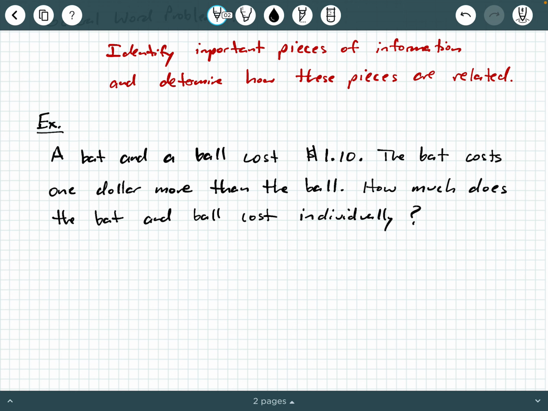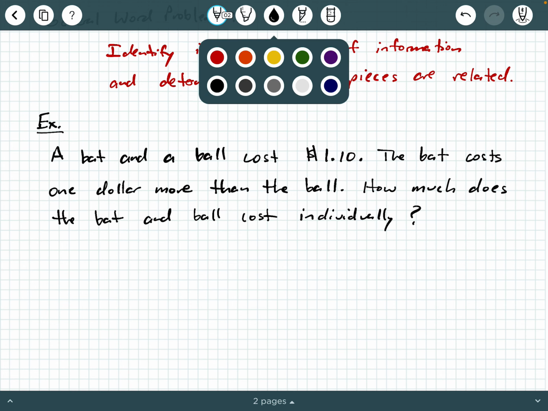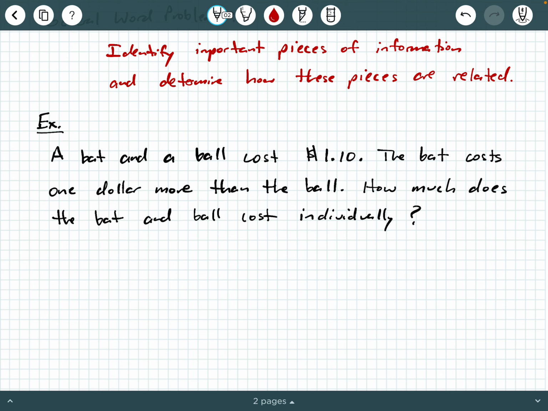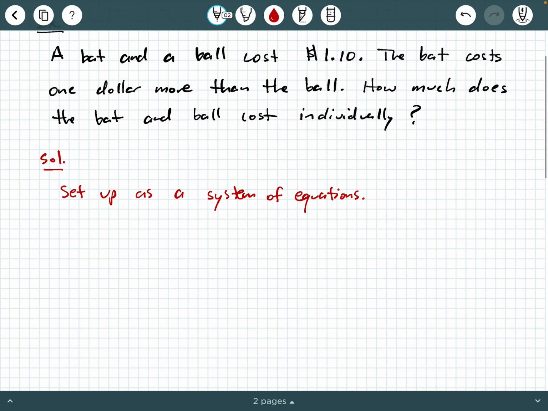That would be wrong, okay? You have to set this up as a system of equations. So under solution, I'm going to say set up as a system of equations. Okay, so let's do it, all right?